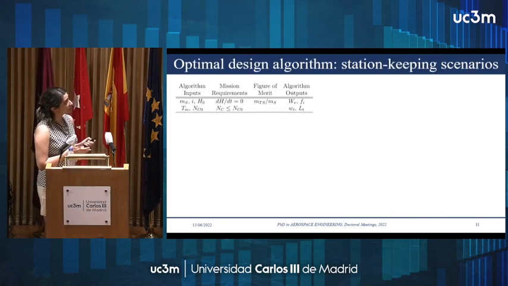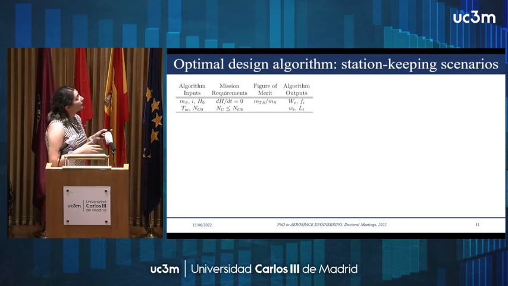For station keeping scenarios, the inputs of the algorithm are the mass of the satellite, the inclination and altitude of the orbit, the mission duration, and again, the cut probability should be less than a threshold, and the requirement is to keep the altitude at a certain value.